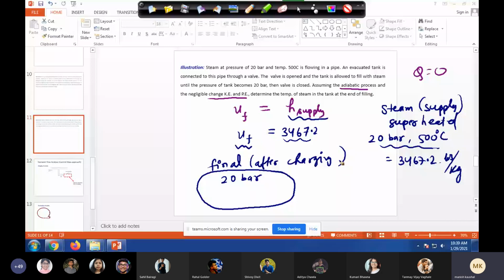We know UF. If we want to know the temperature, what can be the only way? Sir, we will interpolate in the superheated table. First you have to guess. How will you interpolate, between what? You have to find the temperature.